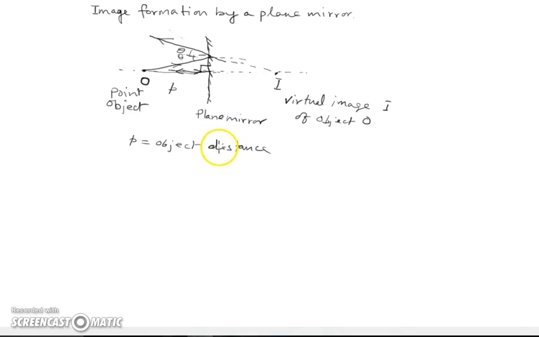And this is the perpendicular distance of the virtual image from the mirror. So again, this angle is 90 degrees. This is called the image distance I. Let me write it here, I is the image distance.